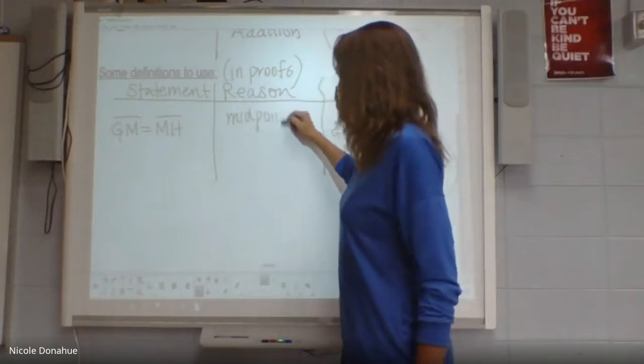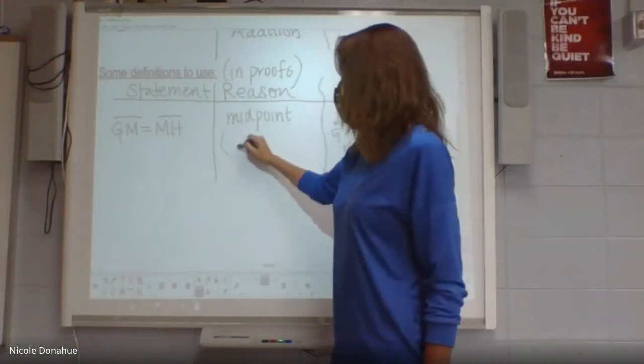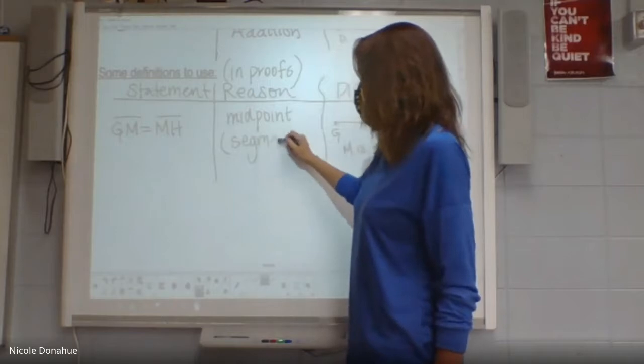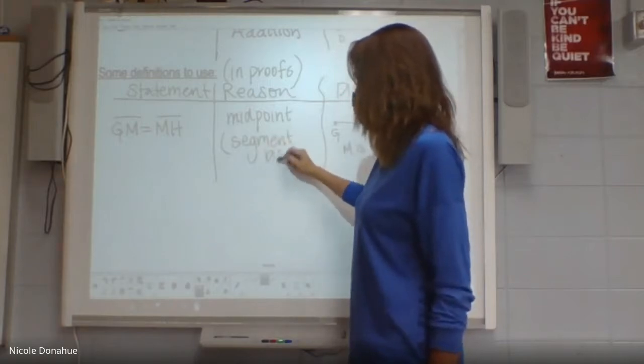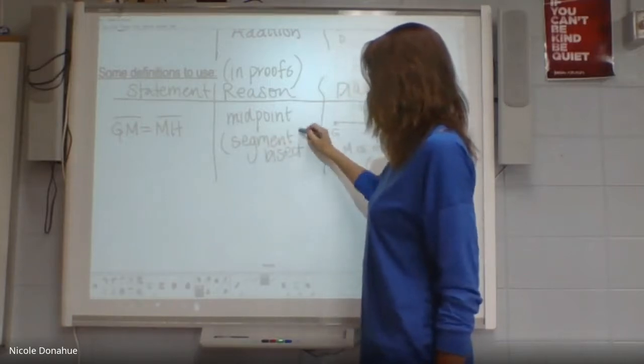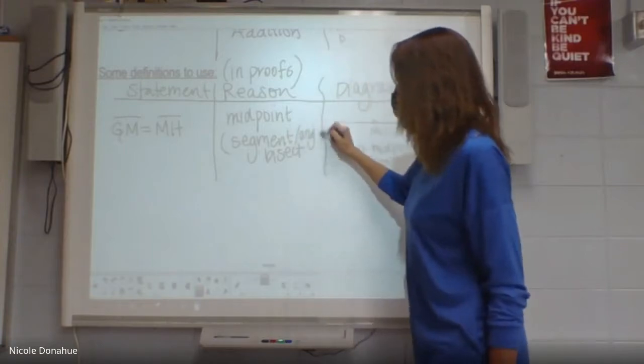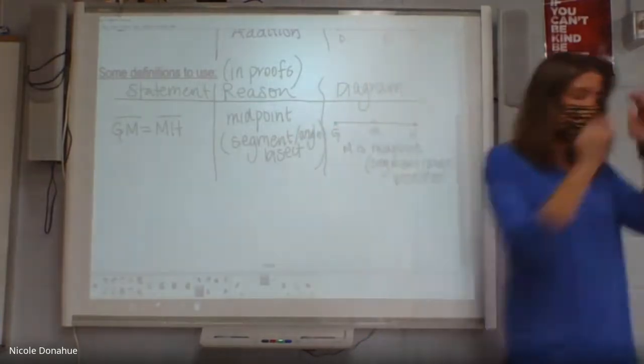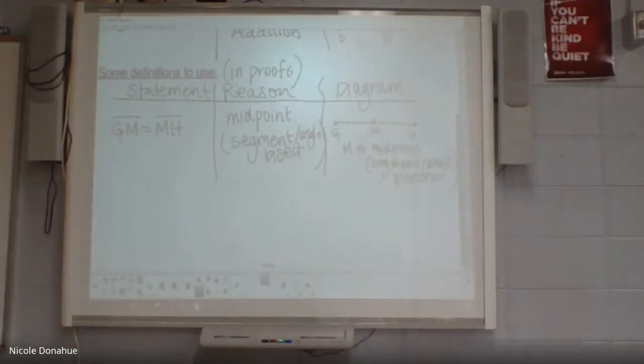In another circumstance, you might say it's a segment bisector, because that's what was given to you, or an angle bisector. It's just the reason we're able to do that. So we'll use that as our reason. You don't have to write that it's a definition, you're just telling what you know about it. And we'll see that in some different proofs that we'll look at today.